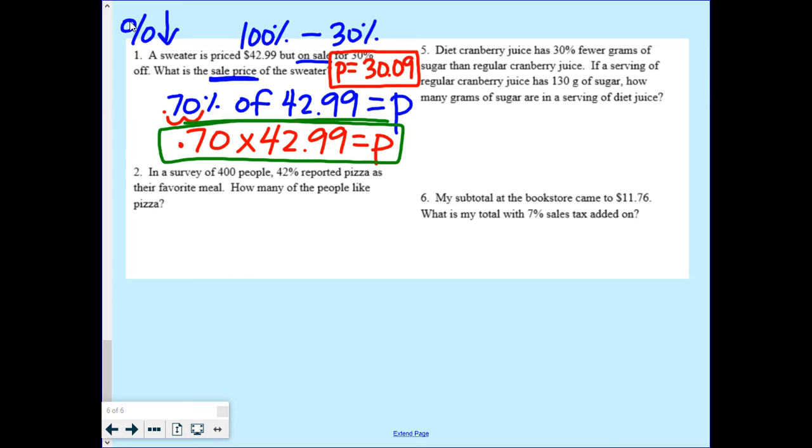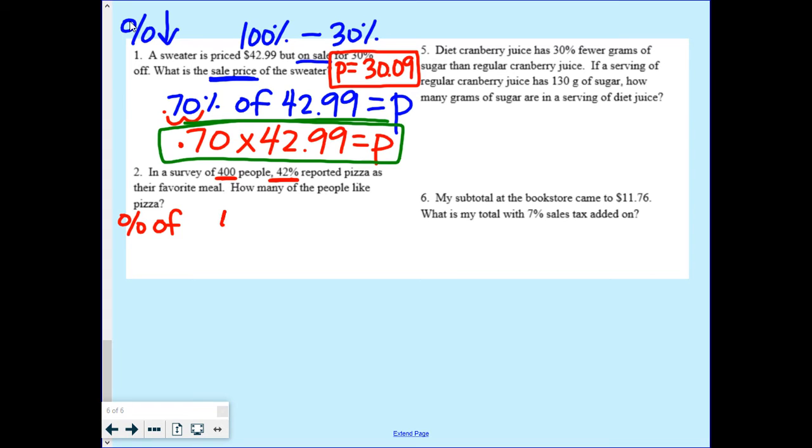Question 2, in a survey of 400 people, 42% reported pizza as their favorite meal. How many of the people liked pizza? Well, I need to find 42% of 400, so this is a percent of. I'm just finding part of the whole. So in this, I don't need to add or subtract the 42% from the 100%.